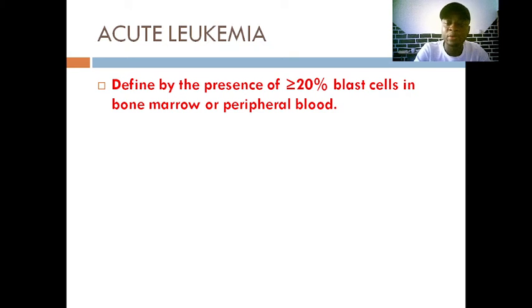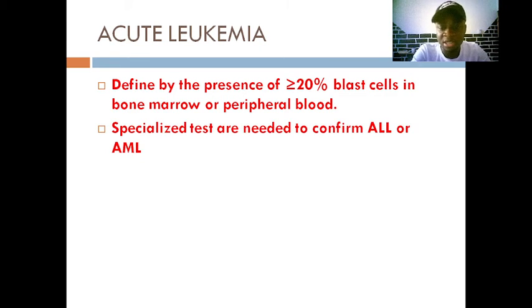So the blast cells are not mature, unlike the neutrophil, which has about 3 loops of segmentation. Some blast cells have nucleoli, some have large nuclei, so we compare them by using the nucleus to cytoplasm ratio. I'll show you pictures of that. So in leukemia, that is that.